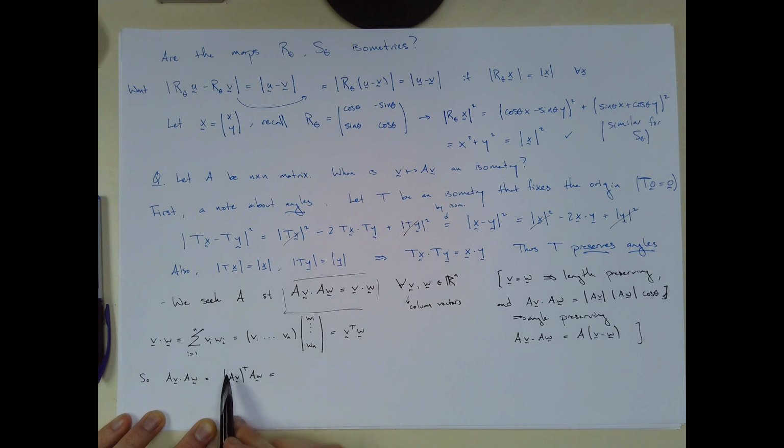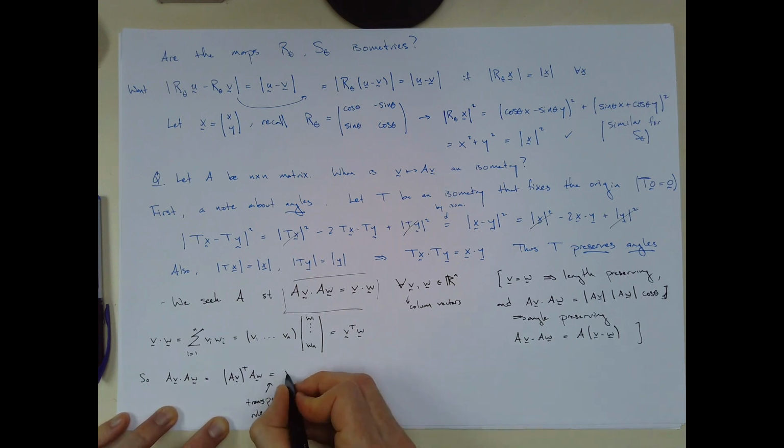Now we can use properties of the transpose, which I won't derive here but are easily shown in linear algebra: the transpose of a product is the product of the transposes, with the order flipped.